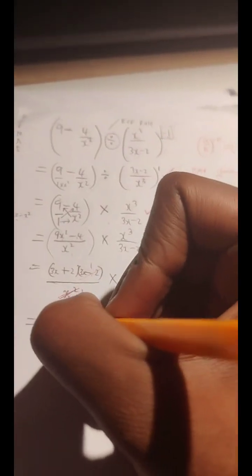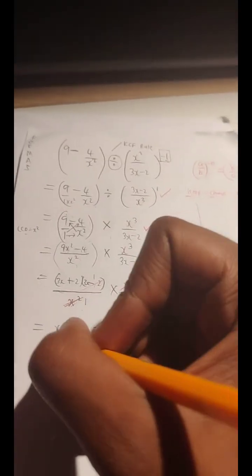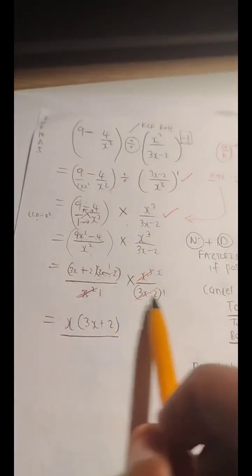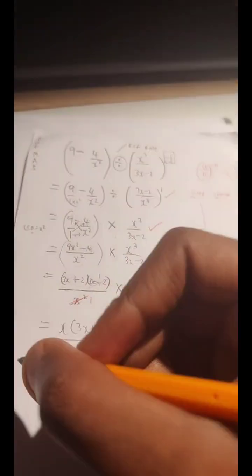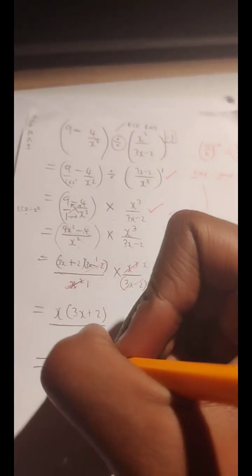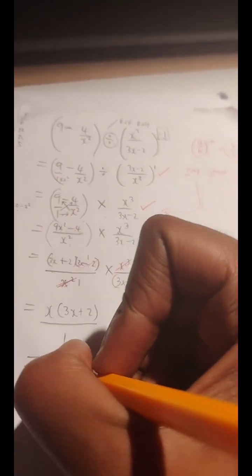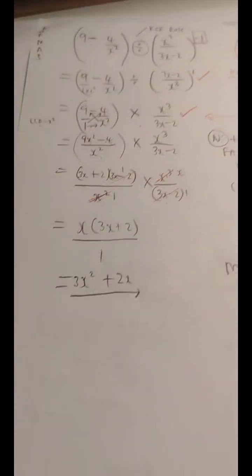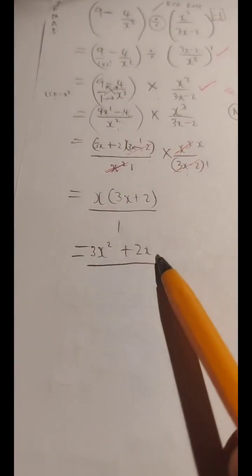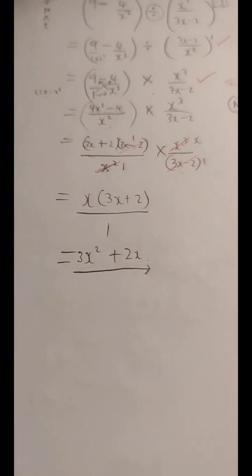So it's x into 3x plus 2 over 1 times 1, which is 1. But remember, guys, when 1 is in the denominator, it is not significant. So we can say 3x squared plus 2x is our final answer, and we leave it right there.